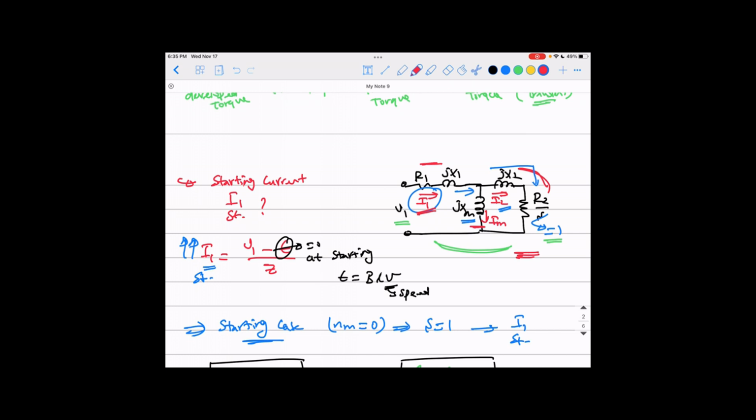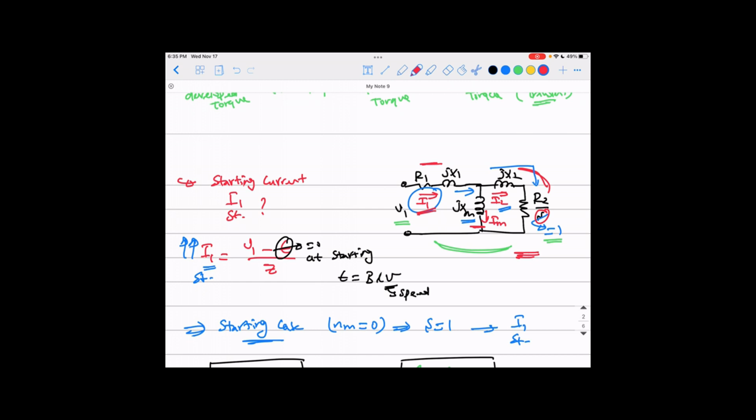Okay, guys? Because again, all the time we're saying in this equivalent circuit, this value, R2 over s, or the slip value here, translates the loading condition of the machine. So once you know the slip you're working at, and you already know all those equivalent circuit parameters, you can use the equivalent circuit directly to figure out all the values you need.